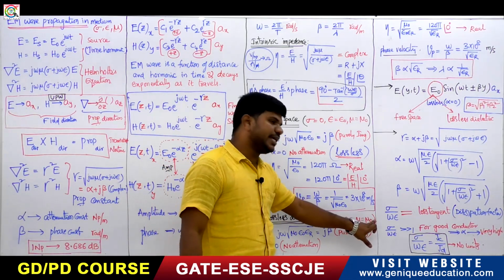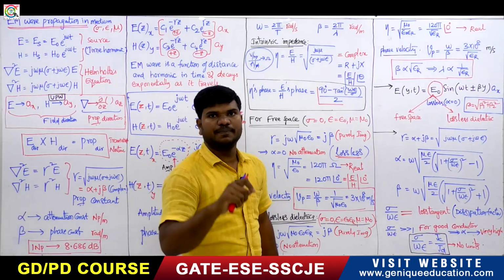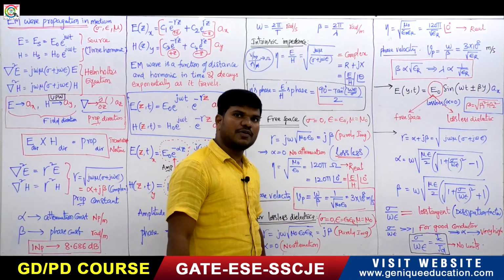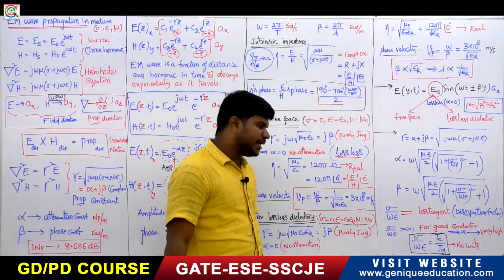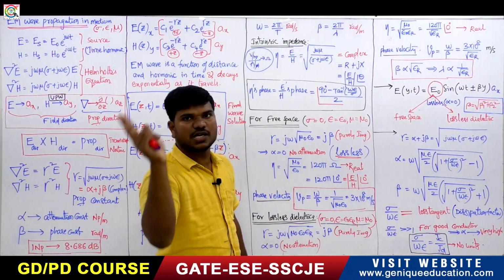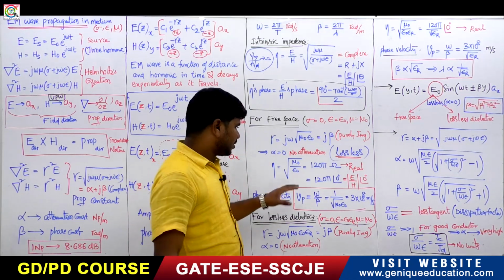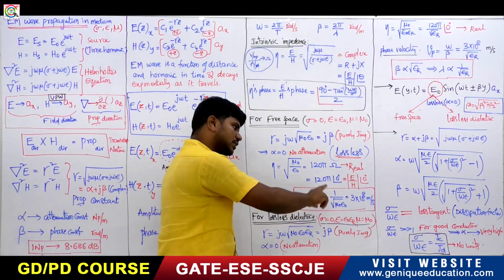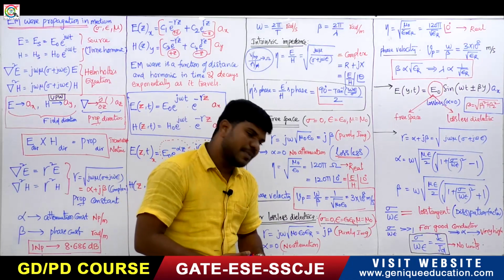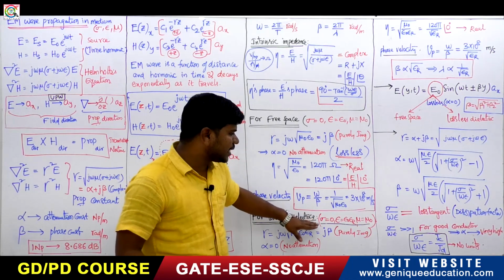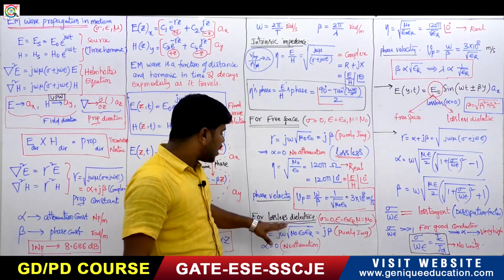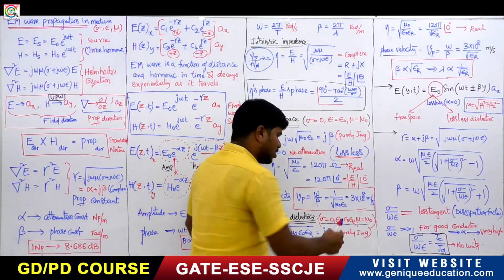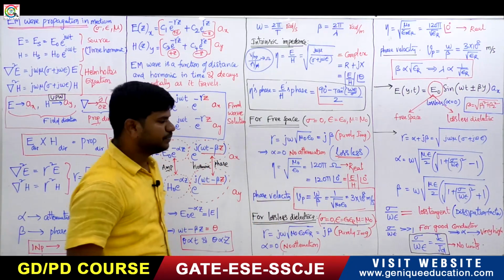Sorry, mu r will exist for magnetic materials, where mu r is greater than 1, but all lossless dielectrics are non-magnetic materials. So that's why mu r will be 1, and mu is equal to mu naught only, right?